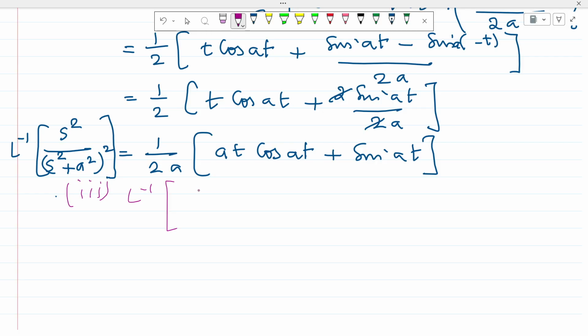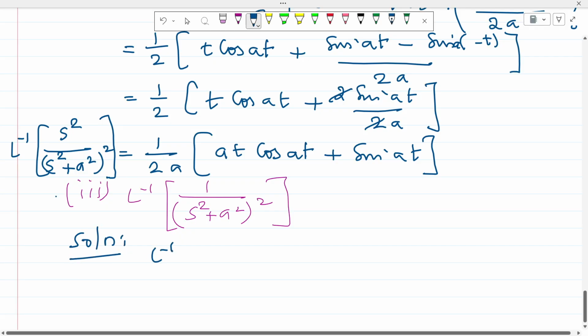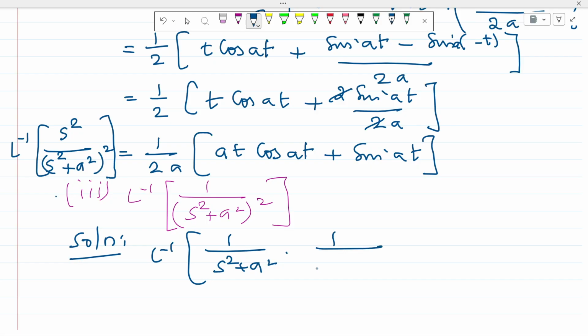In case L inverse of 1 by s square plus a square whole square is there, at that time, how can you solve this? This can be written as L inverse of 1 by s square plus a square, times 1 by s square plus a square.